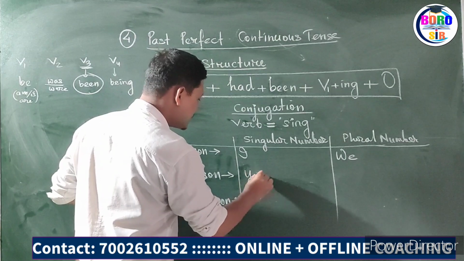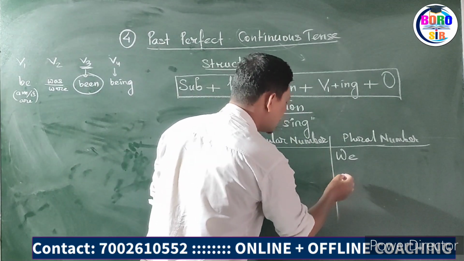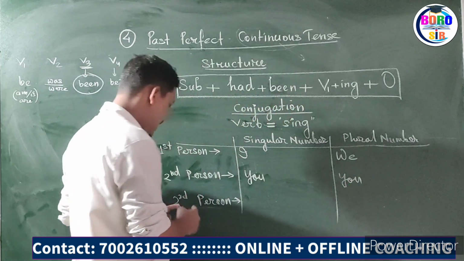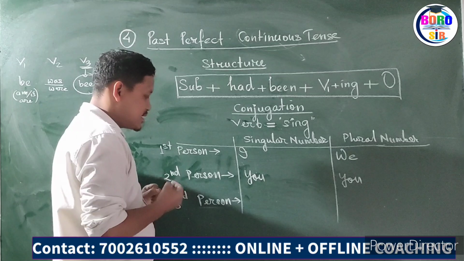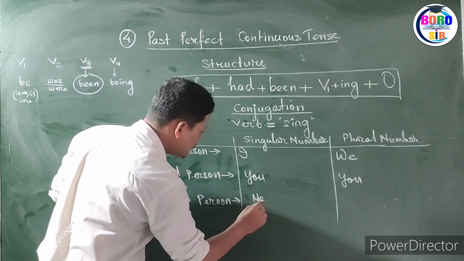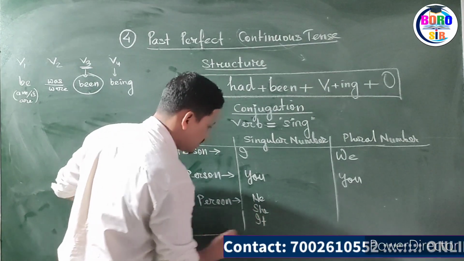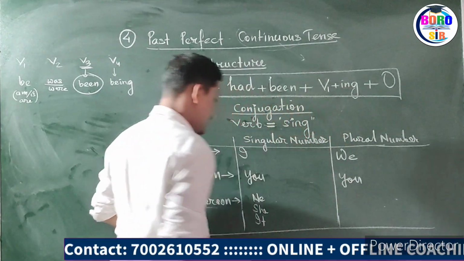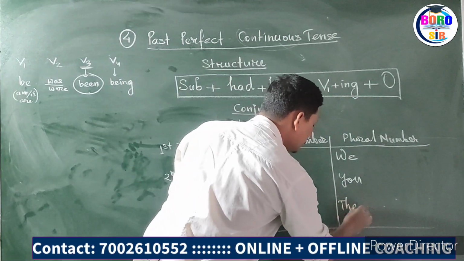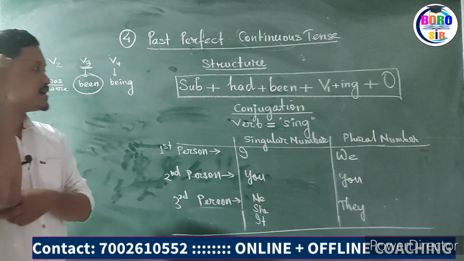Here in second person, the singular number is you. Here also you. And the third person singular number has three subjects. One is he, another one is she, and the last one is it. And what will be the plural of the third person? It is they, right?